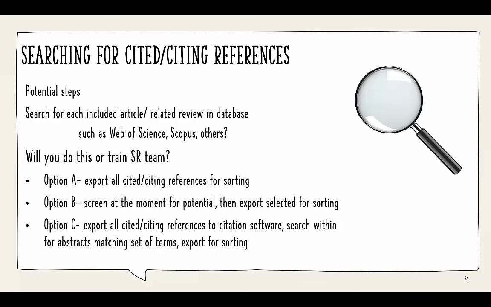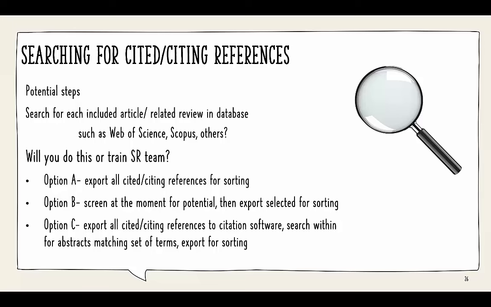I've done option C a few times. So option C is where I did go and collect all of the citing and cited references. But then it was like 5,000 articles. So then what we did was we developed a very simple search string to try and only bring back those things that matched the most important keywords that we had.